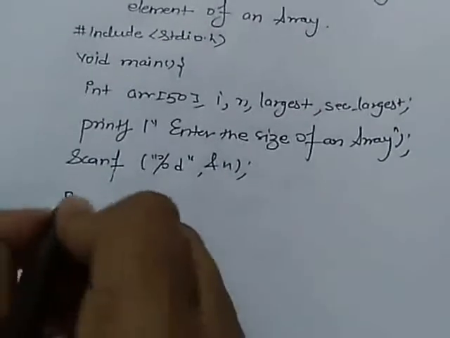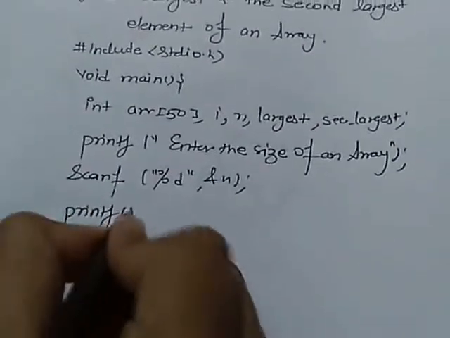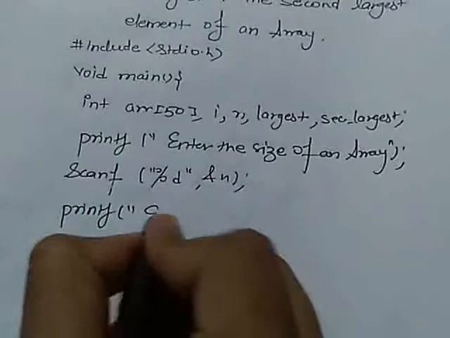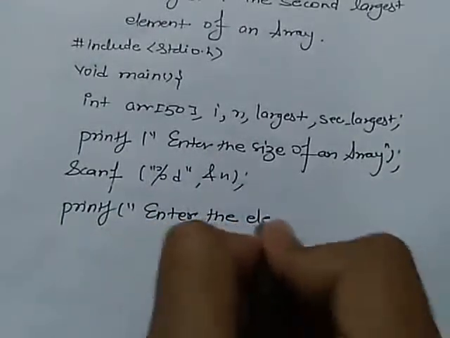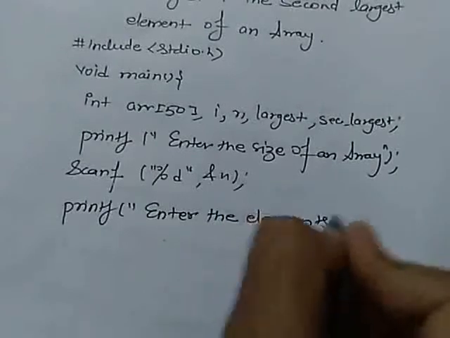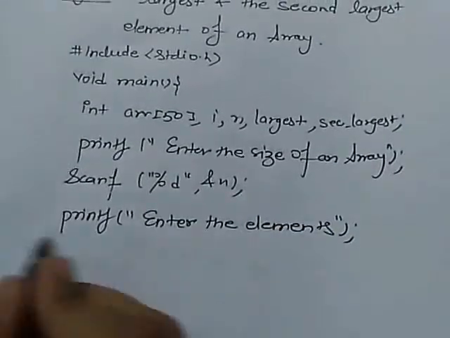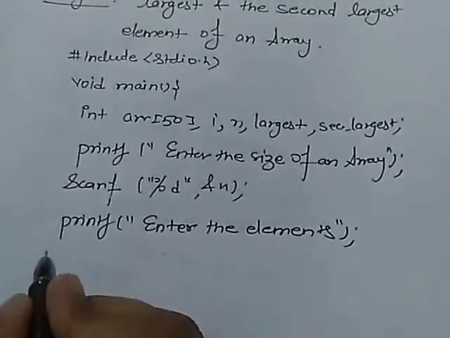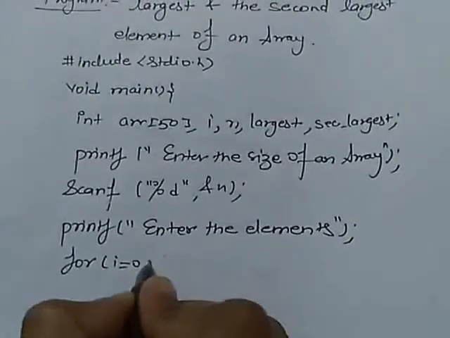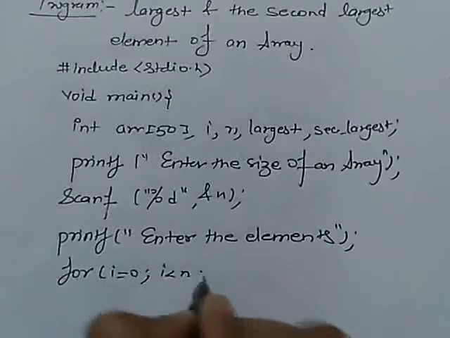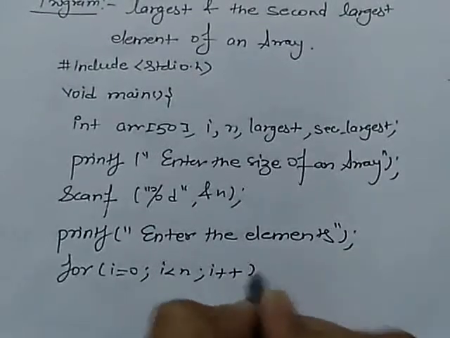Now again printf, enter the elements of an array, enter the elements one by one. In this we have to take a for loop, for i equal to 0, i is less than n, i plus plus.